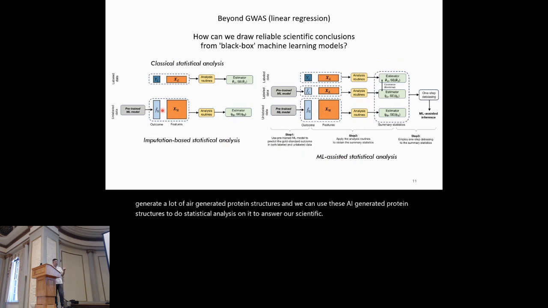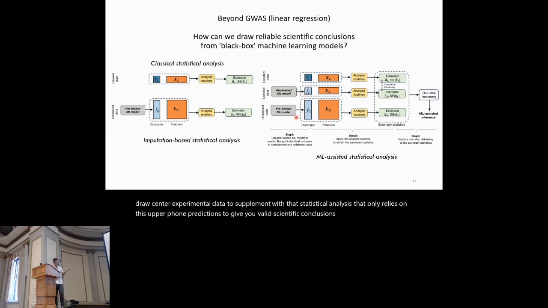But here we are saying that is a pretty bad idea. You need to generate some gold standard experimental data to supplement the statistical analysis that only relies on these AlphaFold predictions, to give you valid scientific conclusions.